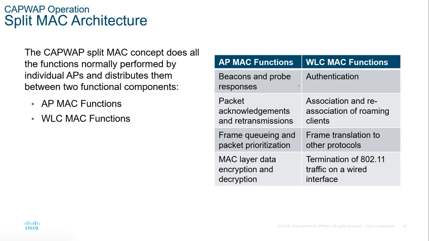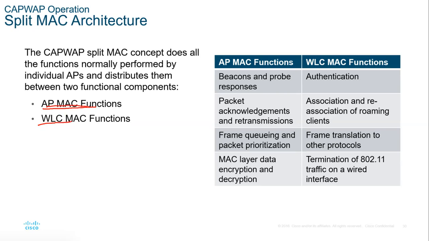So CAPWAP uses the split MAC concept. The split MAC concept does all the functions normally performed by an individual AP and distributes them between two functional components: the AP MAC and the wireless LAN controller.